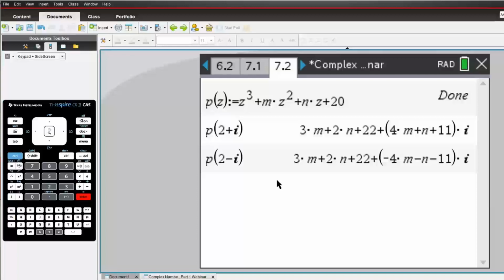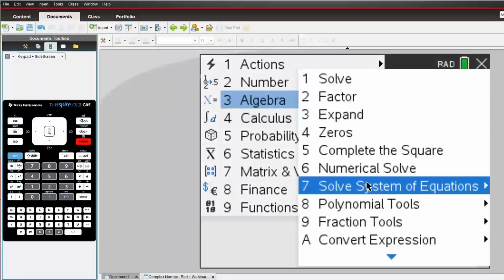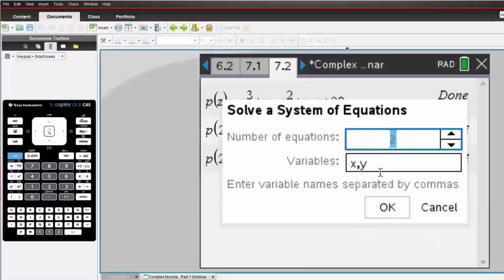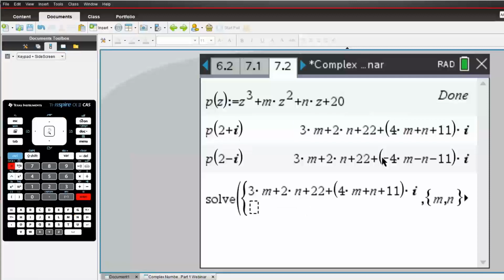What we do now, we can use Menu, Algebra, Solve System of Equations, and our variables are m and n. So I can go up and bring this one down and equate it to 0.